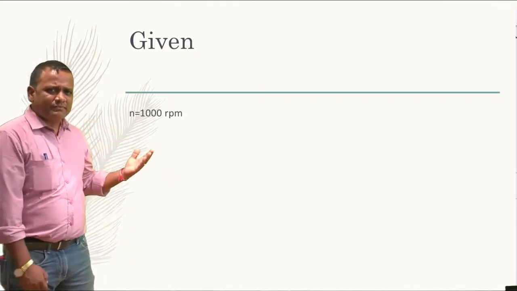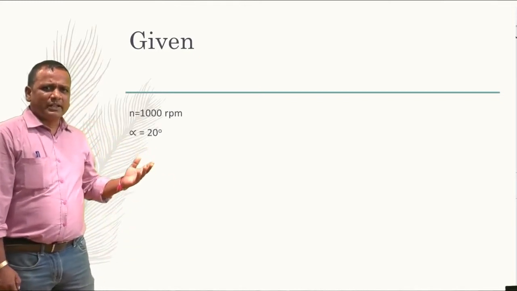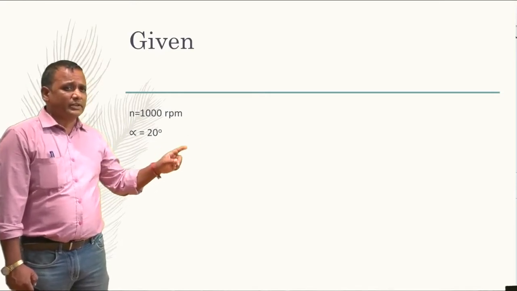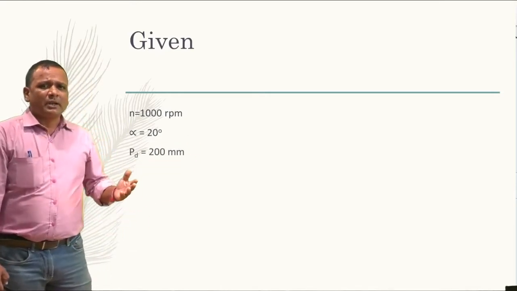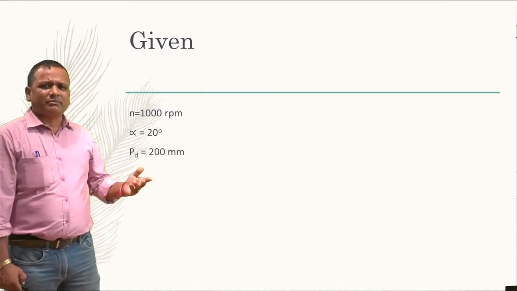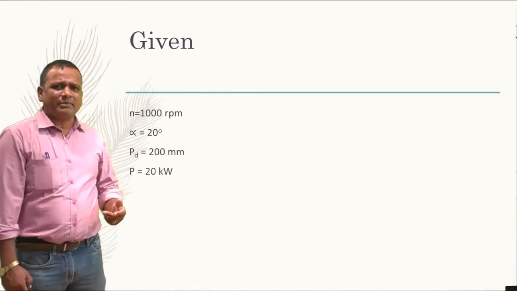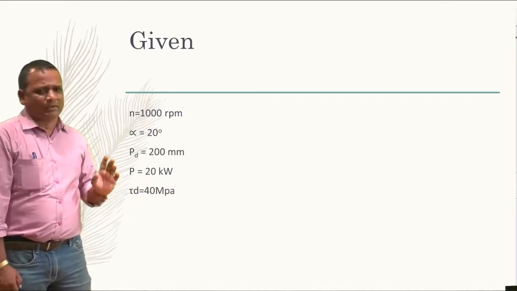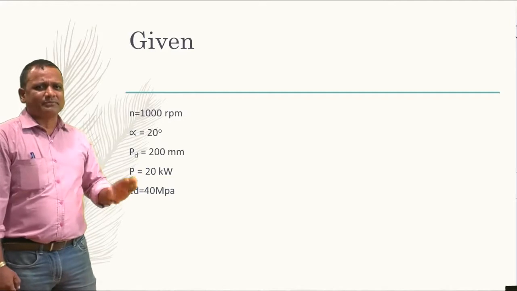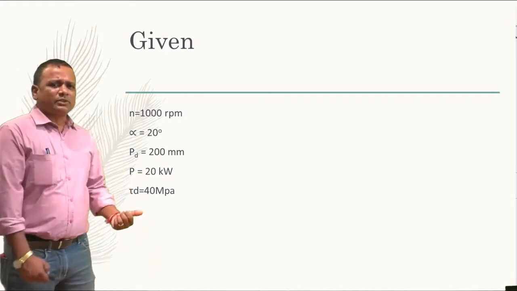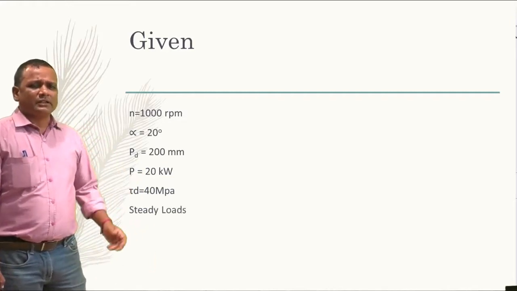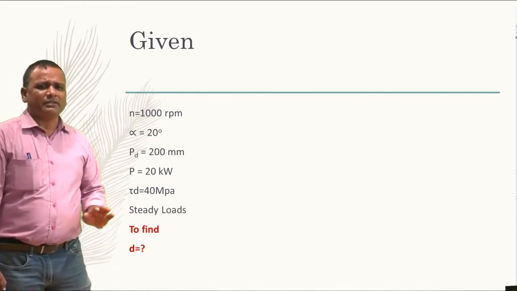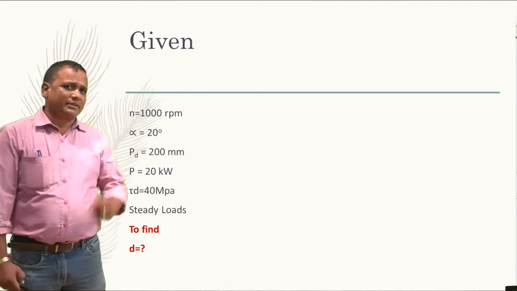N is given as 1000 rpm, the speed, alpha is 20 degree involute, and the pitch circle diameter PD is 200 mm, and then power is given as 20 kilowatt. Kindly note this 20 kilowatt is very important. Here the power is given in terms of kilowatt. Then tau d is equal to 40 MPa, and the loads are quite steady, again given, and to find is the diameter small d of the shaft.